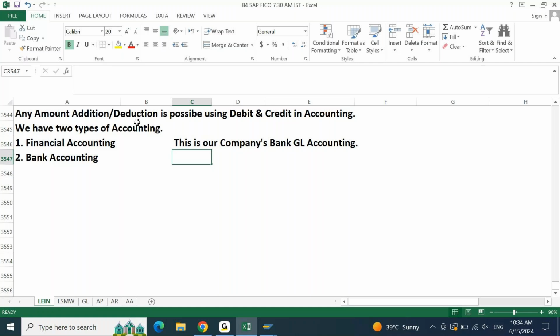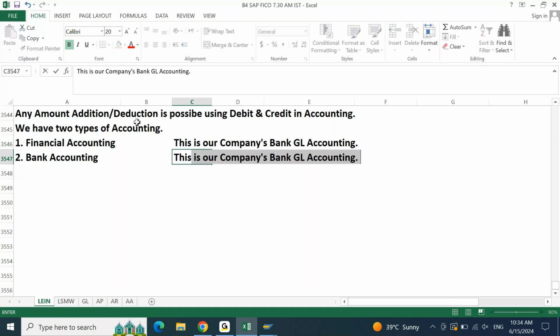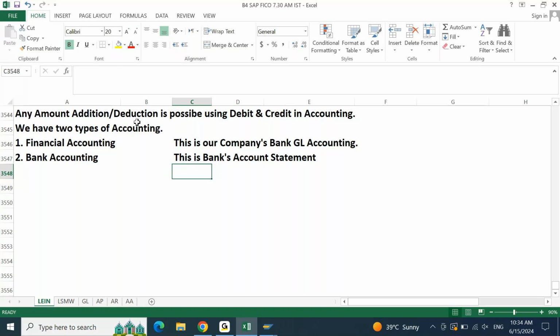Similarly, when you're talking about bank accounting, this is the bank's account statement. When we're talking about financial accounting, here you're representing your organization, your company's bank GL accounting. When you're talking about bank accounting, here we are representing the bank's account statement.